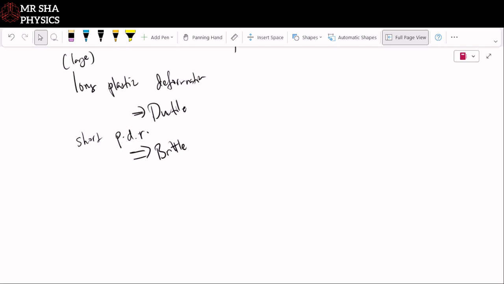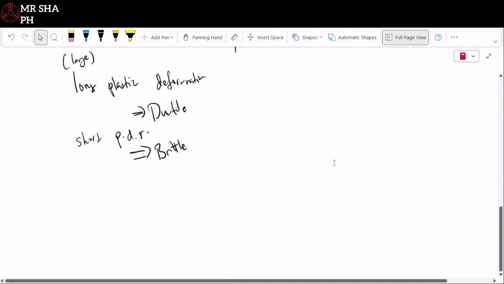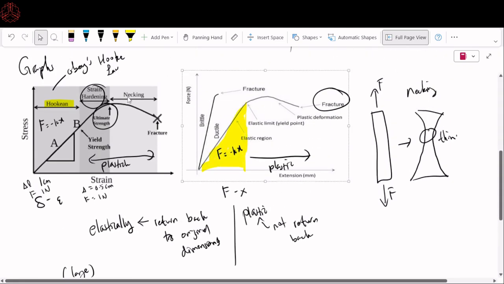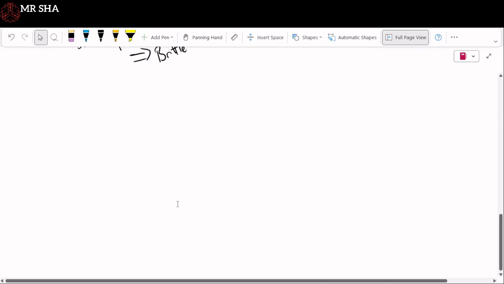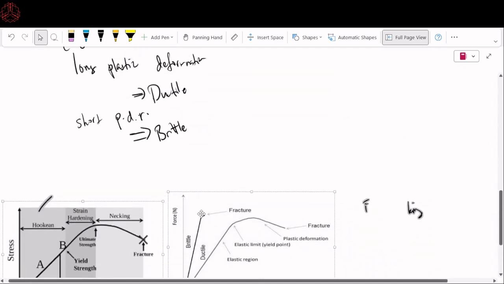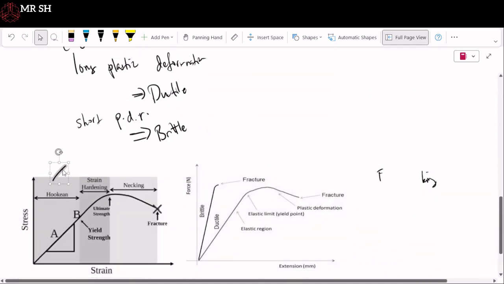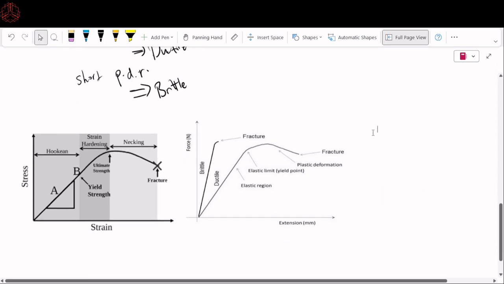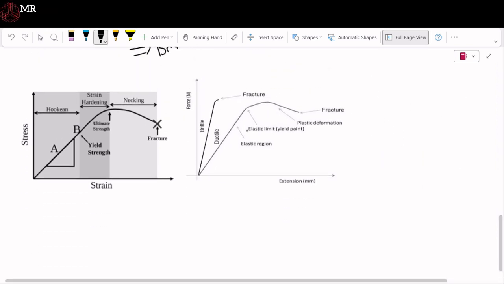Now, the thing about these graphs is that you can figure out a few things. Let me just copy that graph. Okay, there we go. One of the things that you can observe is that Hooke's law still applies for the force extension graph, and you have the strain energy still being half Fx.